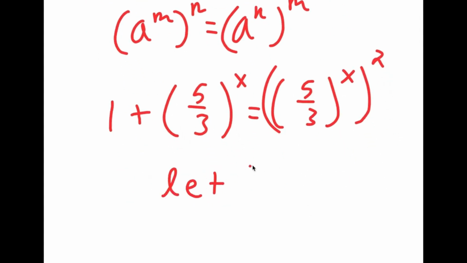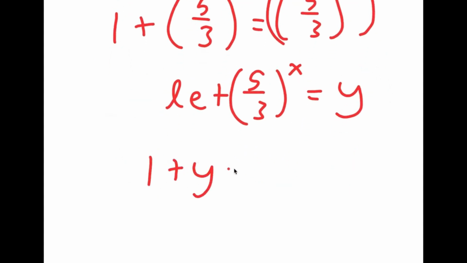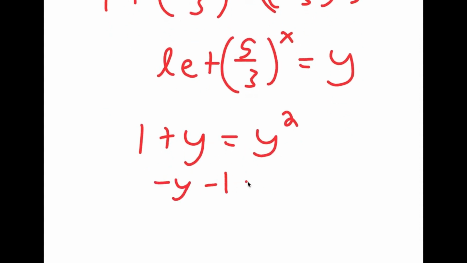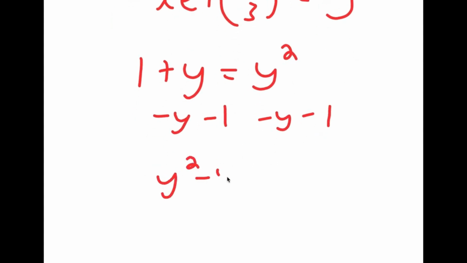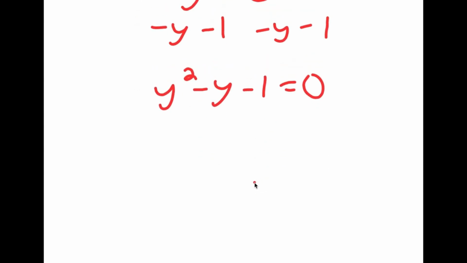Now I'm going to let 5 over 3 to the power of x equal to the variable y. So I get 1 plus y is equal to y squared. And if I subtract y and 1 on both sides, I get y squared minus y minus 1 is equal to 0.